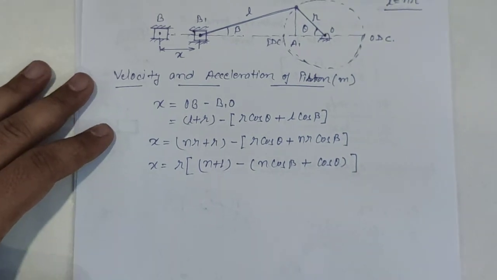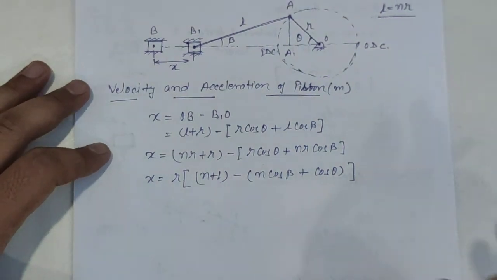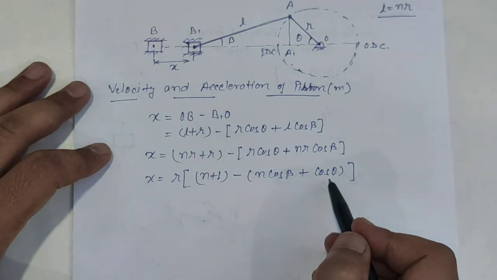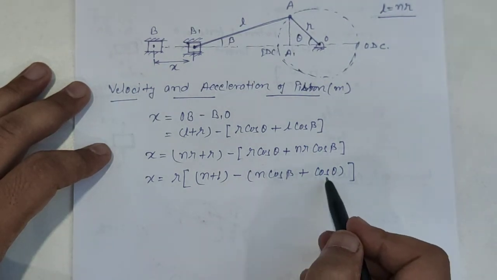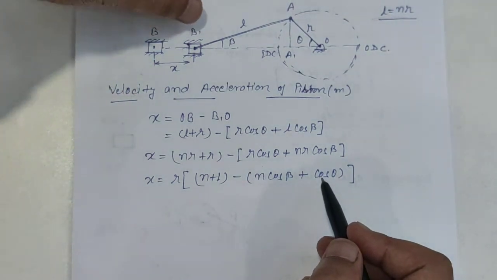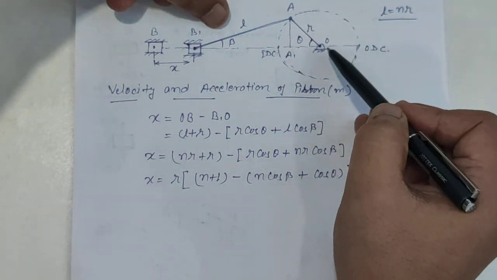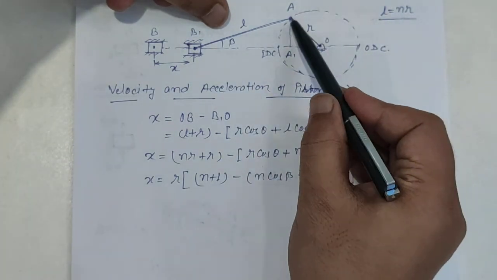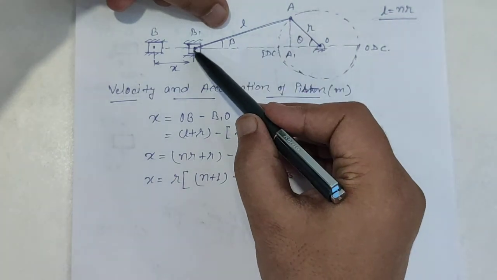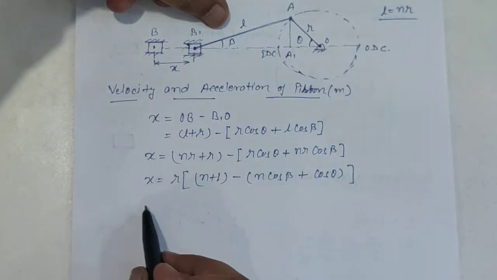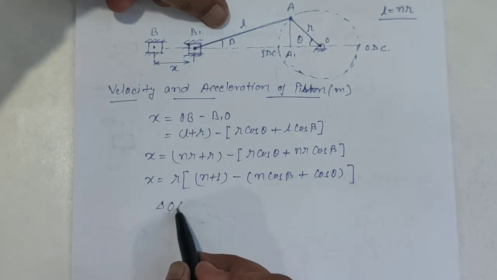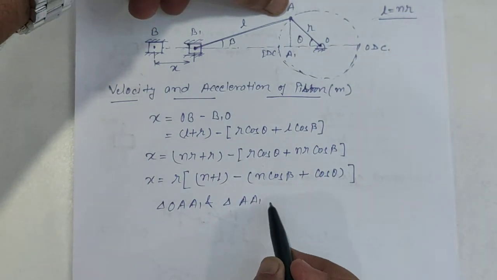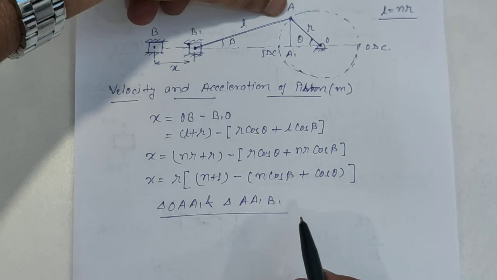Now we are going to replace this beta in terms of theta. How are we going to do that? Observe these two triangles, OA1 and A1B1.